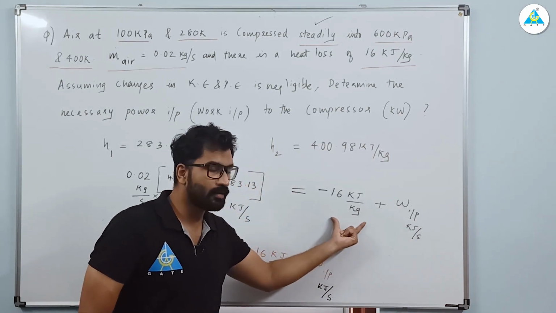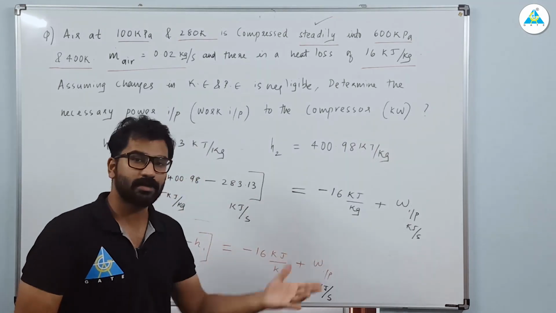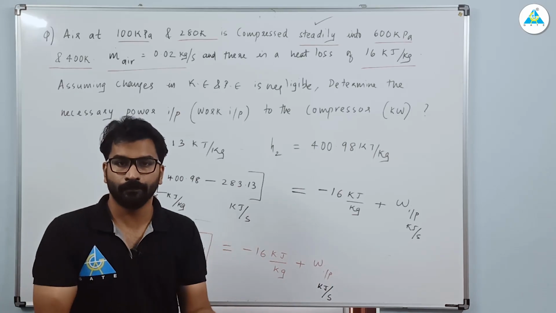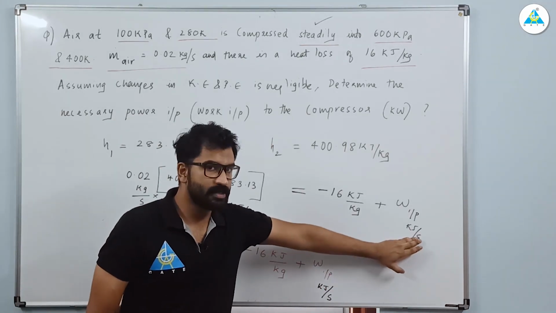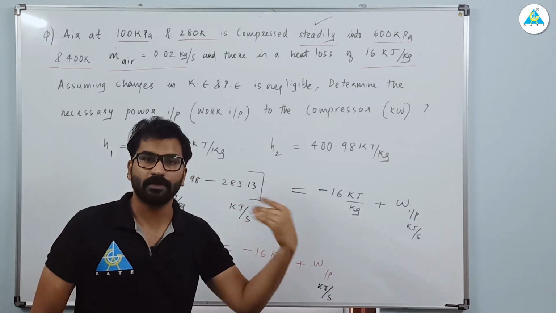So you need to convert this kilojoule per kg into kilojoule per second. Then only we can add. Every term should have the same unit. Then only we can add it. So this also should be converted, right?